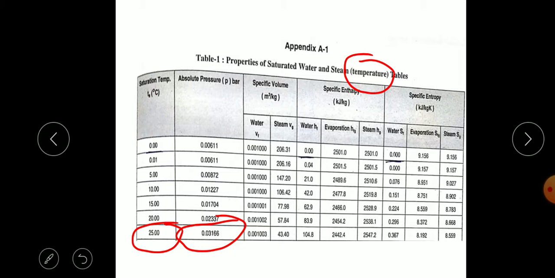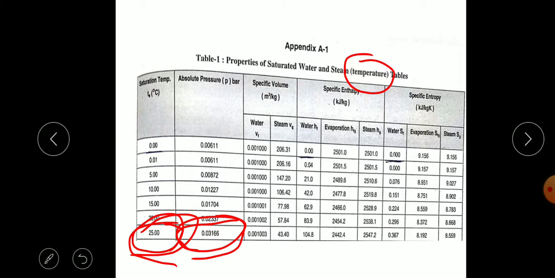Suppose we reduce the pressure below atmosphere, water will boil at a lower temperature. Water will start boiling at 25. As we keep reducing the pressure, the water will boil at a lower temperature. So corresponding to a saturation temperature of 25, the pressure will be very low, that is a vacuum below atmosphere.